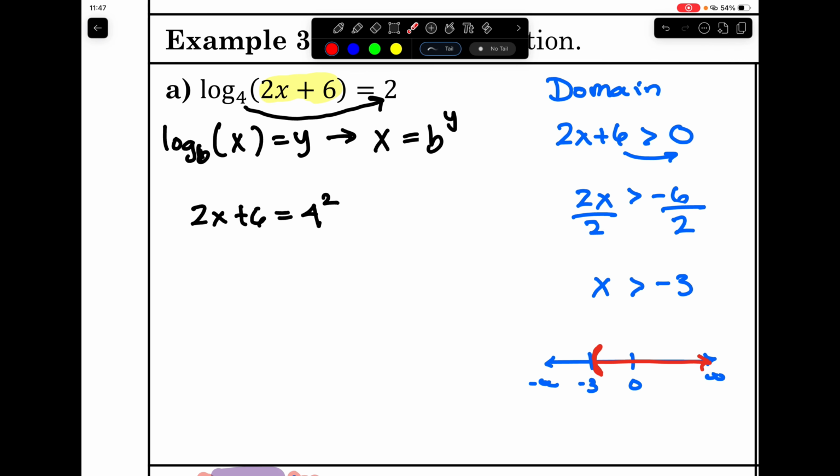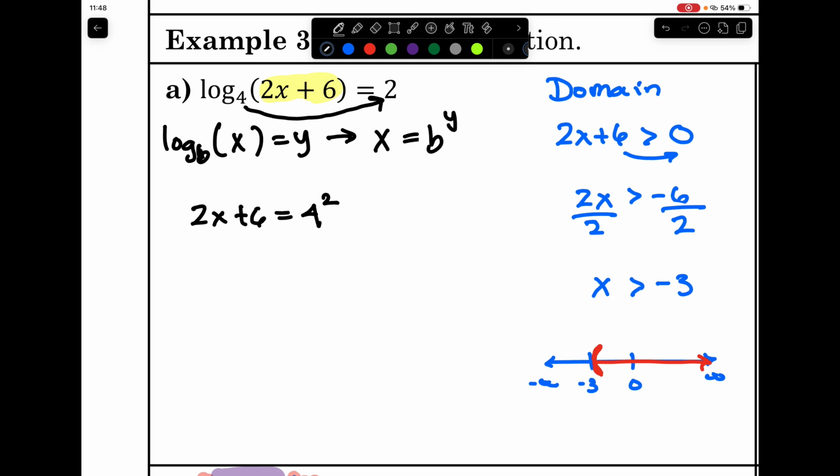As long as I have my log isolated, that's the only thing I have here, no horizontal dilations, no vertical dilations, no vertical shifts where I'm adding something, this is the ideal thing to do. All I need to do is take what's in the parentheses, my input value, and set it equal to the base raised to this power, using essentially the definition of what a log is.